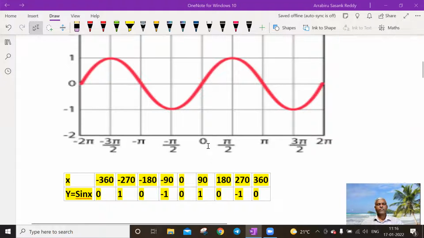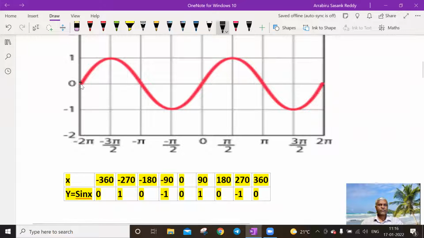Sine 0 is 0. Sine 90 is plus 1. Sine 180 is 0. Sine 270 is minus 1. Sine 2 pi, that is 360, is 0. So these are the points.